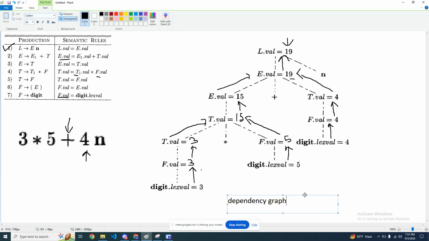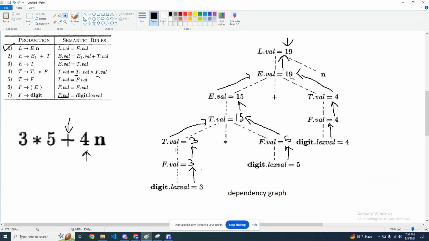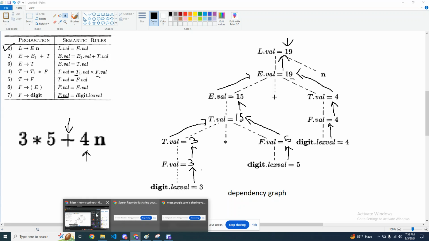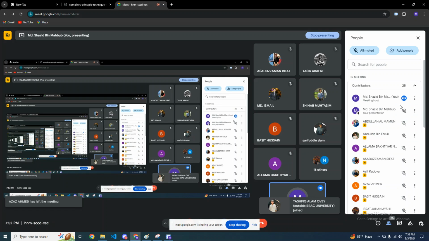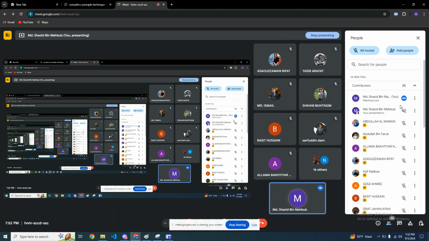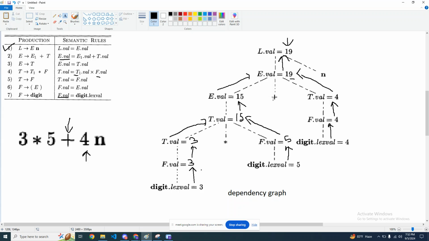So this is basically your dependency graph. We have seen how we can transform your annotated parse tree into a dependency graph. In your question, you might be asked to draw or evaluate an SDD. If you are asked to evaluate something, you need to draw this dependency graph and show the proper arrows.